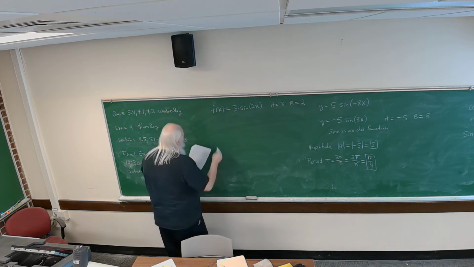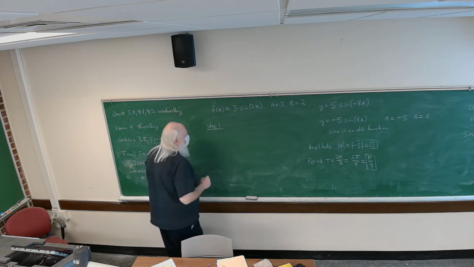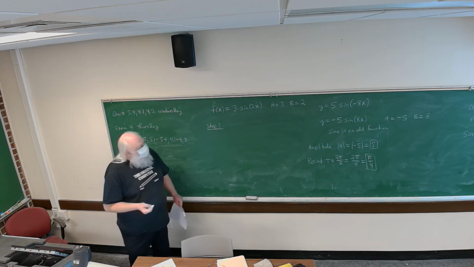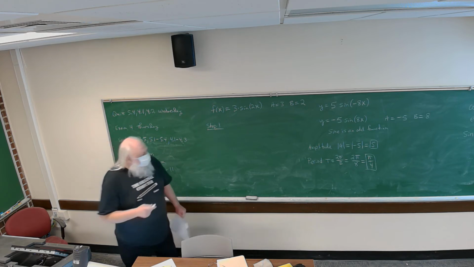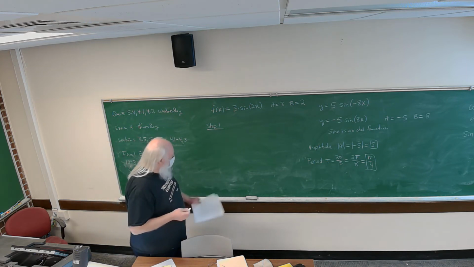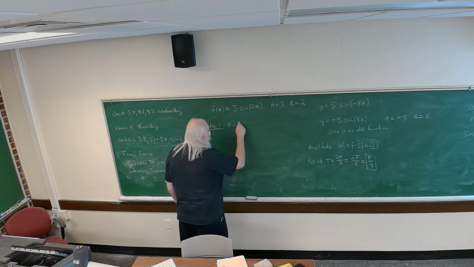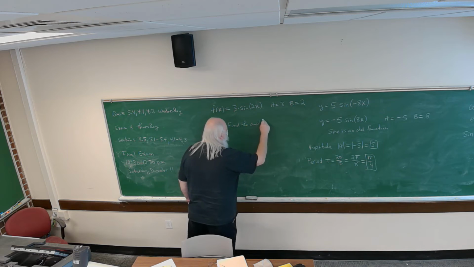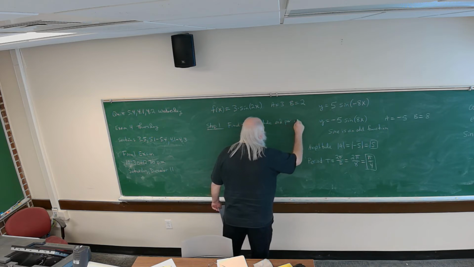All right, so step 1, and these are my steps. If you got a better way of doing it, certainly do your way. But step 1 for me is find the amplitude and period.